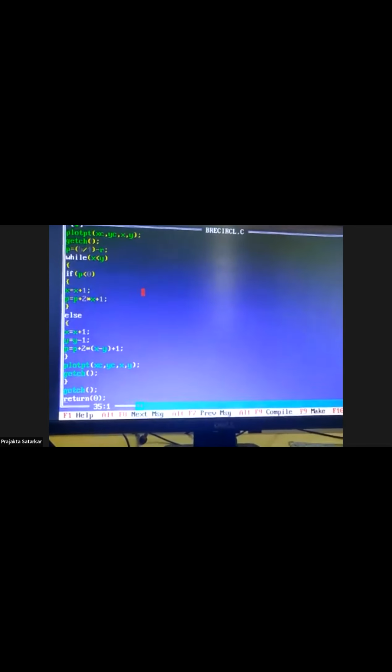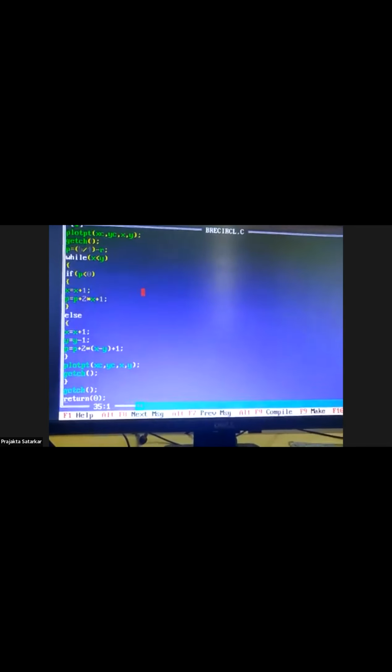We derived these while learning the circle generation algorithm. So in the else part, we have P equal to P plus 2X minus 2Y plus 1. After that, you have to plot a point because you have got new X and new Y. Either X will be changing or both X and Y will be changing. As X and Y are changing, you have to plot that point.